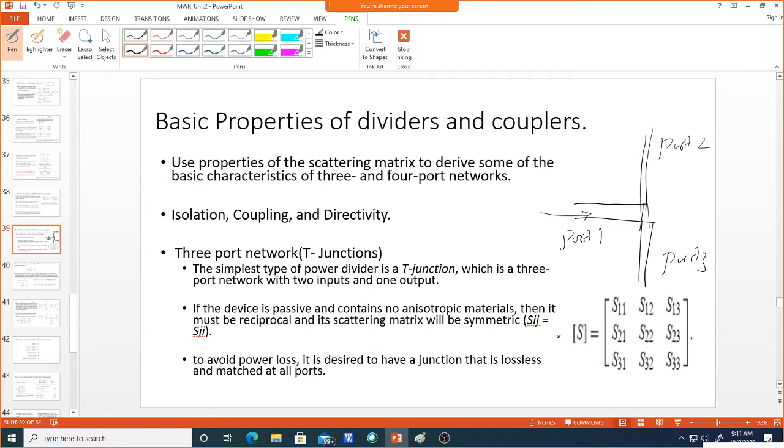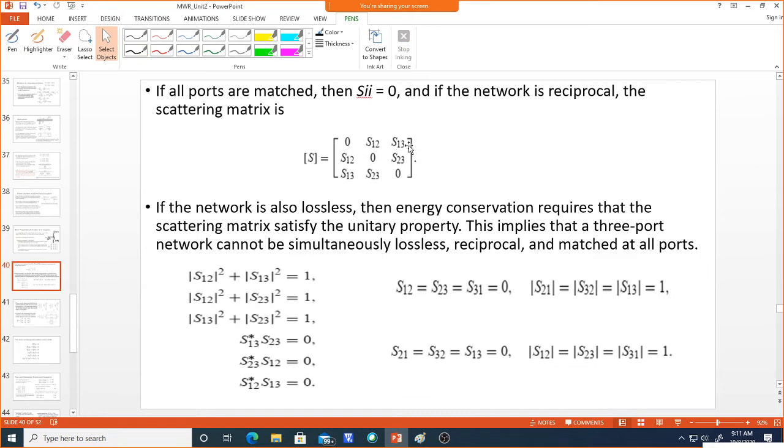If it is reciprocal, the corresponding Sji and Sij will be equal. That means S12 and S21 will be equal, S13 and S31 will be equal, and in a similar way S23 and S32 will be equal. If you substitute that, you will get the new S matrix for a reciprocal network with all ports matched.